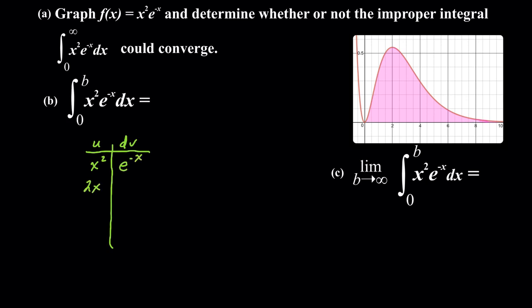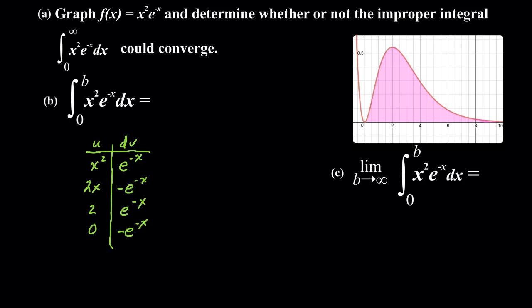We can take our derivatives of u, giving you 2x, 2, and 0. The antiderivatives of e to the negative x are negative e to the negative x, e to the negative x, and negative e to the negative x.